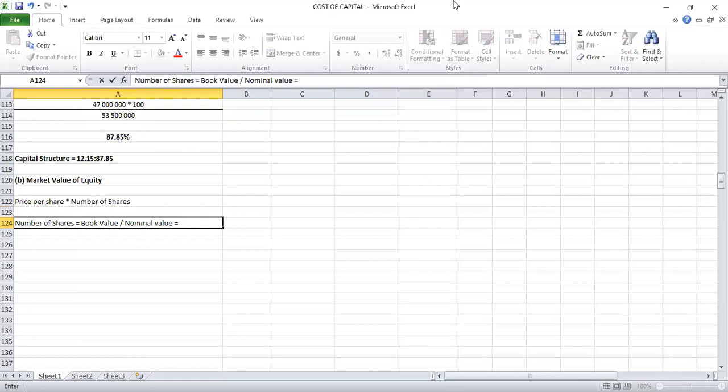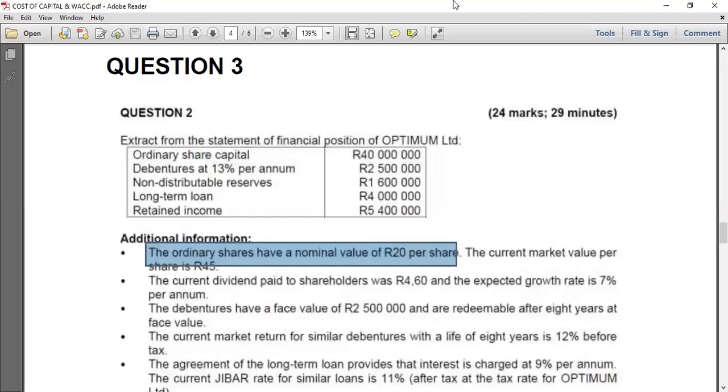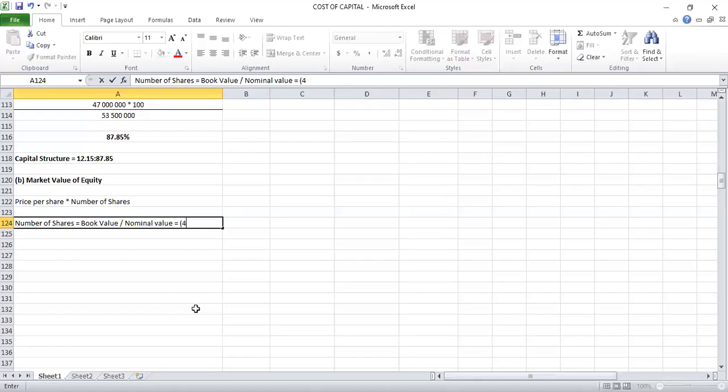Which is equal to, if we check here, our book value is 40 million divided by 20. So that's 40 million divided by 20. What do we get? We have got 2 million shares.